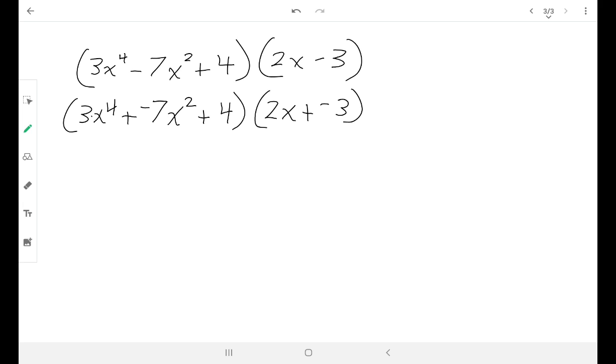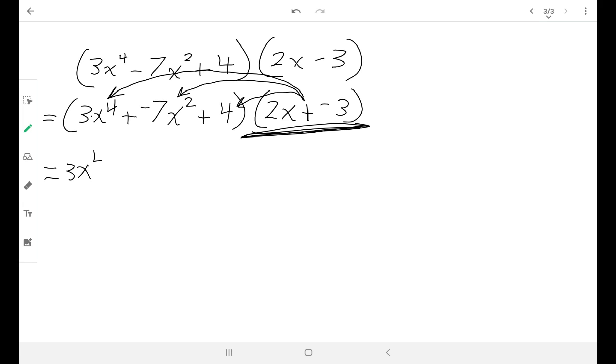The next thing is that you're going to take this one over here, and you're going to distribute it, that is, multiply it, by each part of this one. So that's going to come out looking like this. If I take the 3x to the fourth, and I multiply it by the 2x plus negative 3, then I've done this one with this, okay?